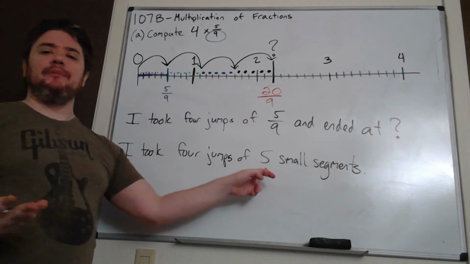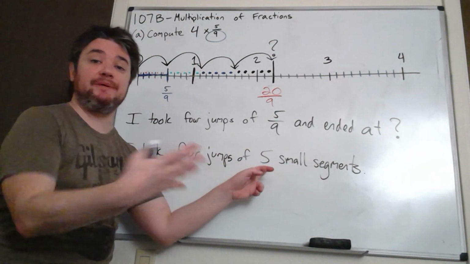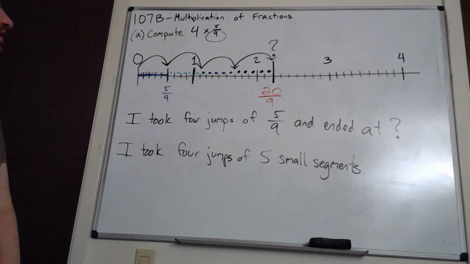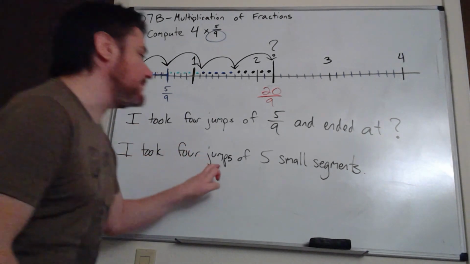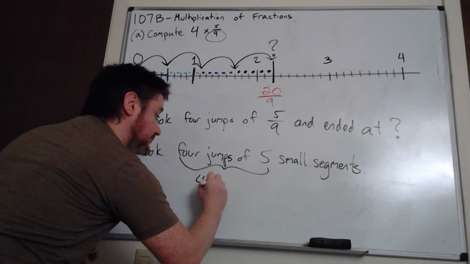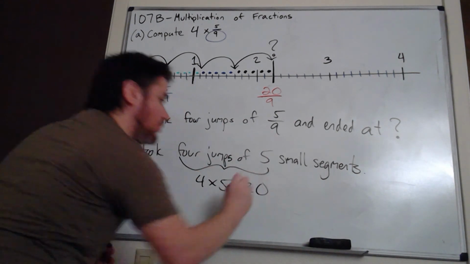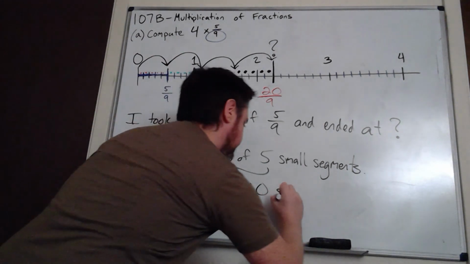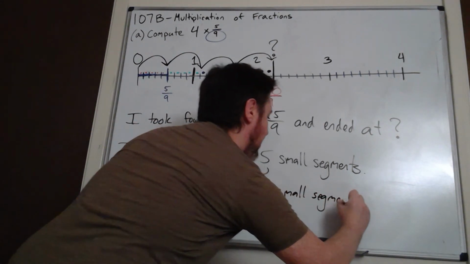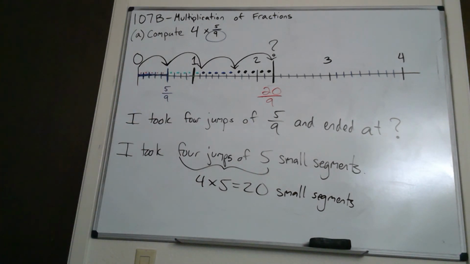Here I'm using a whole number, and I'm explaining it in terms of the small pieces. So that's kind of nice, actually. Either way is okay. But now if I took 4 jumps of 5, this literally means 4 groups of 5, which is 20 small segments. Right? So I can reason it out like that, and that works as well.